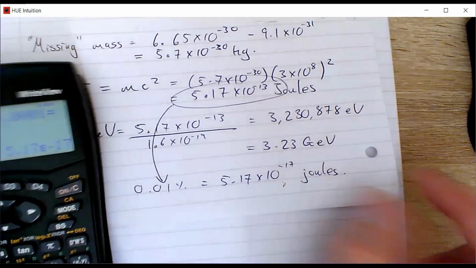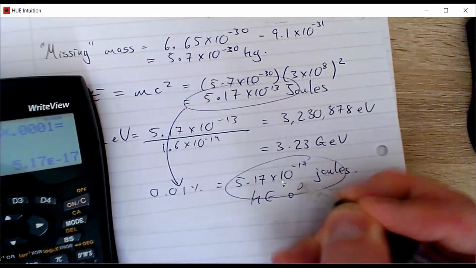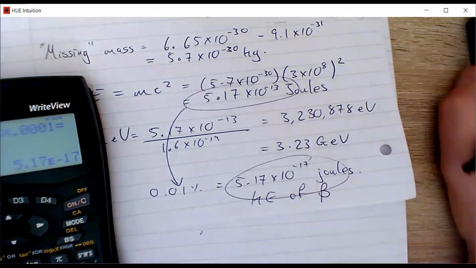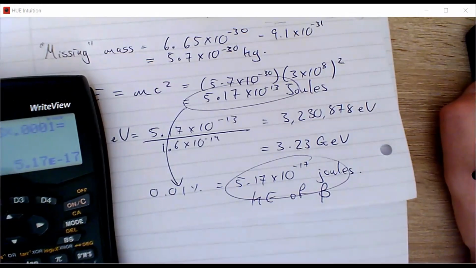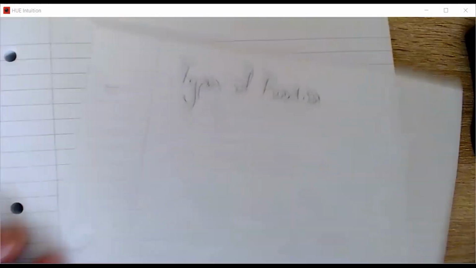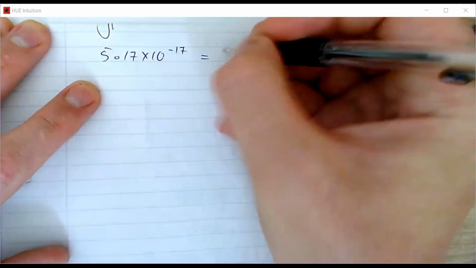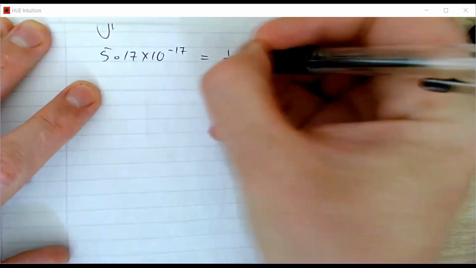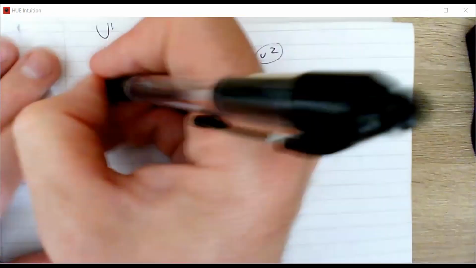And that's the kinetic energy of the beta particle, okay? And the question asked for the velocity of the beta particle. So to finish up, 5.17 times 10 to the minus 17 is, well, kinetic energy is a half mv squared. So that's the velocity we want. We know the mass of the electron.